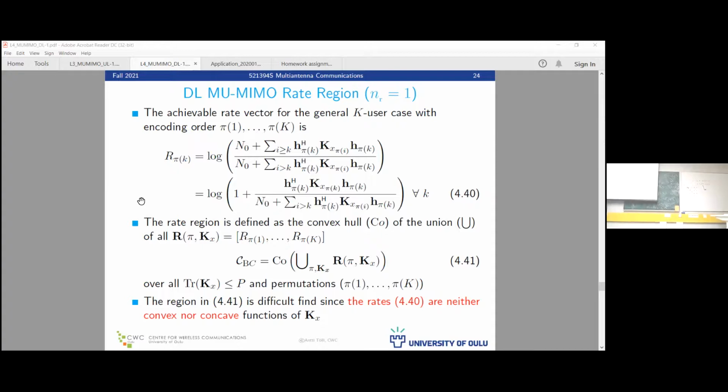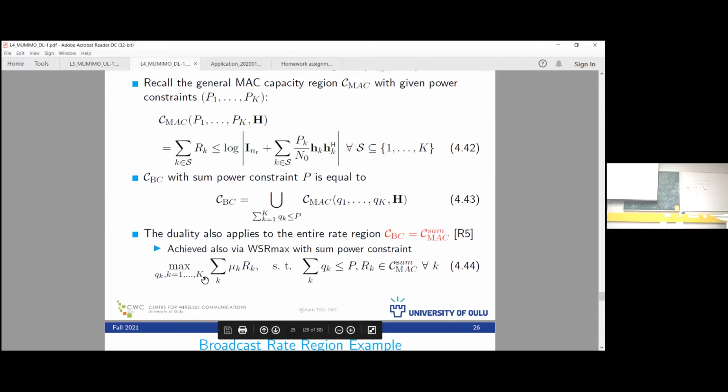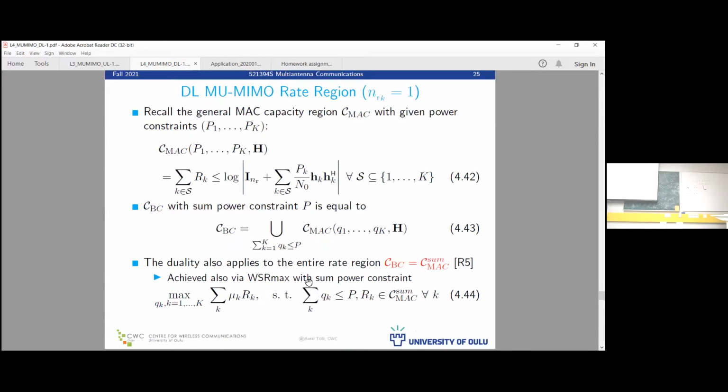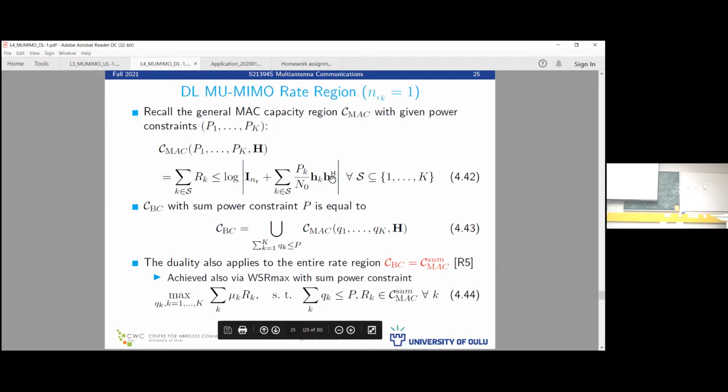Now, just going one step back, we have the MAC capacity. If we have fixed powers in uplink, these are our uplink powers. The rate region is given by this polyhedron. Pentagon for two users, this igloo for 3 users, and so forth.